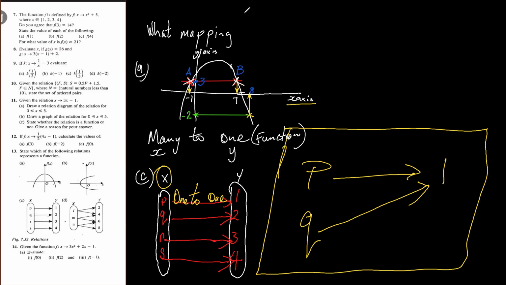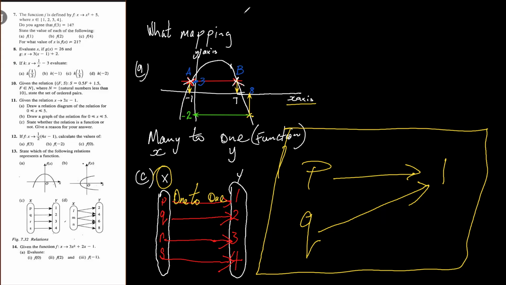I was trying to explain it in my own words, sir. Yeah, go ahead. Try. We want to understand the difference between a 1-to-1 mapping and a many-to-1 mapping.